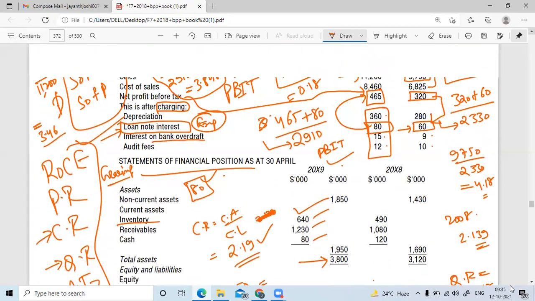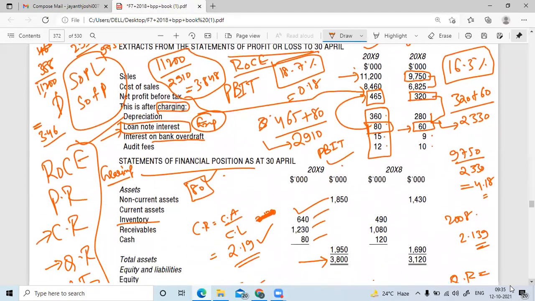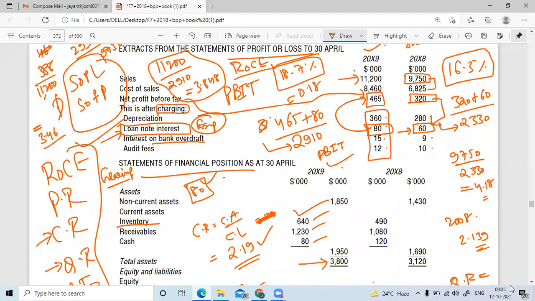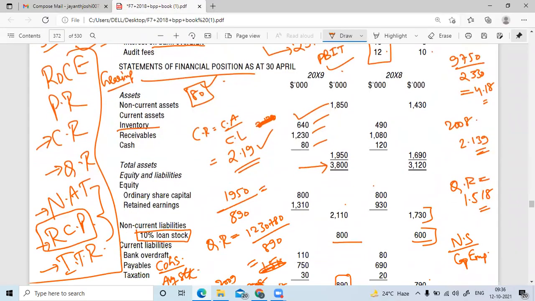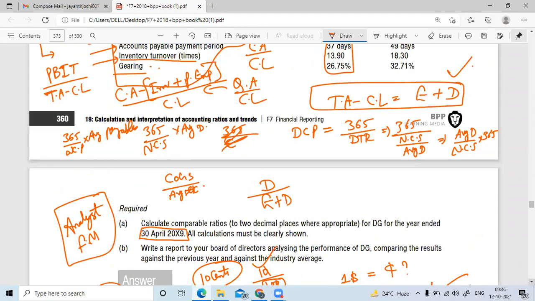That means you'll be paying more interest. Okay, and that will in turn impact your numerator. Am I right? But numerator you will not take, because asset turnover is revenue by capital employed. So the numerator has nothing to do with it. Only the denominator is increasing, because your loan note, you have borrowed more this year.